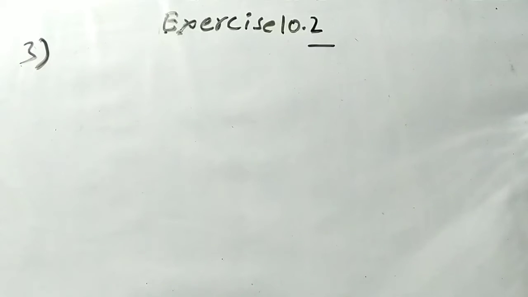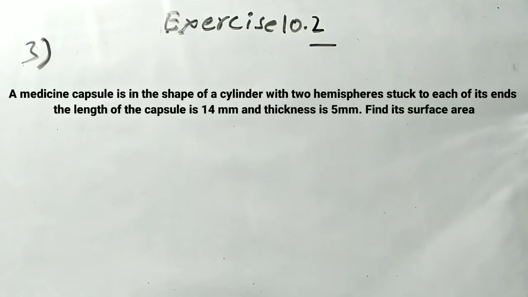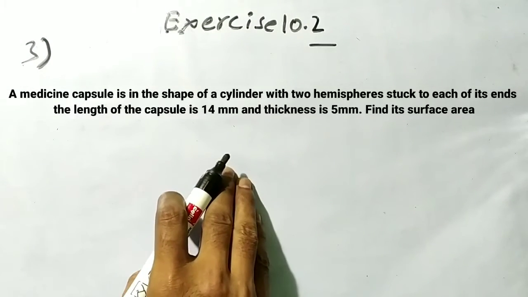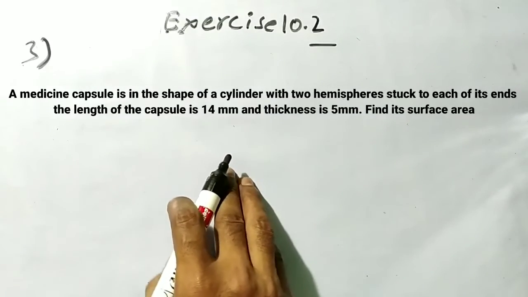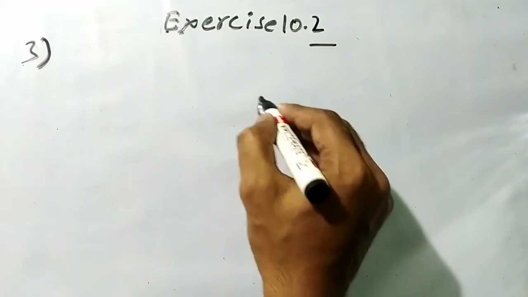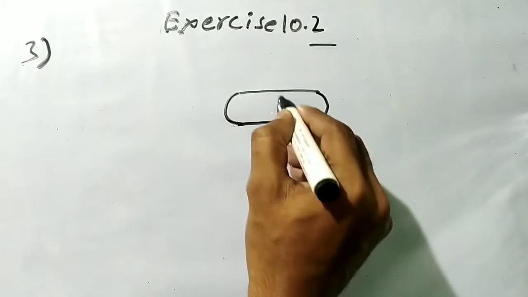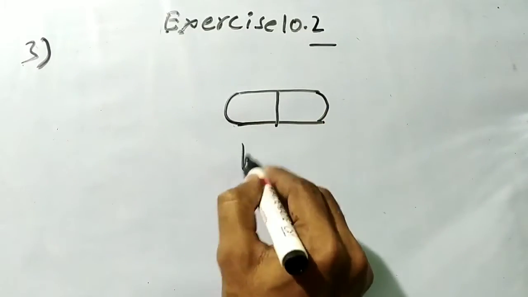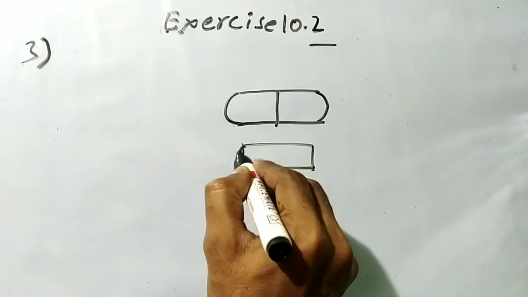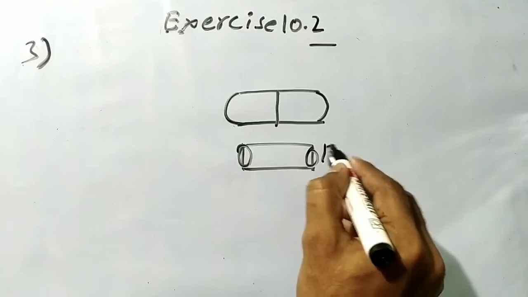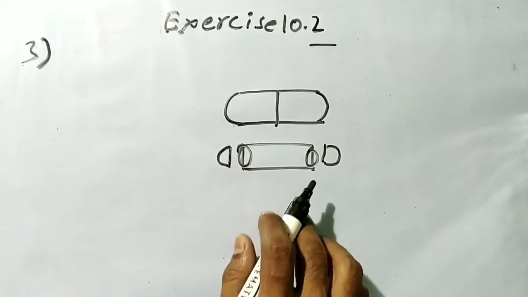This is the third one. The third one is a medicine capsule. I have explained it previously, in the past. Let's think, this is a capsule, which is made up of a cylinder and 2 hemispheres.